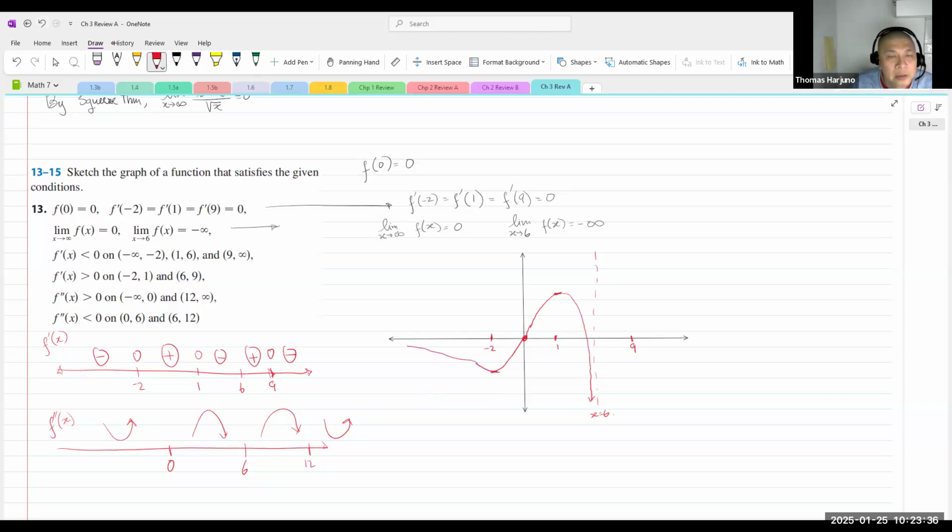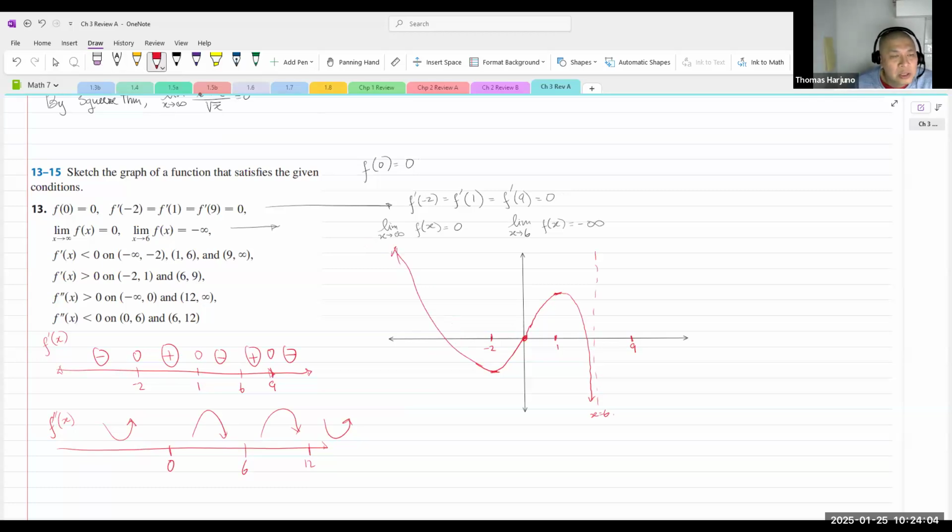Maybe like this. They don't tell us the. Like this. No, it's concave up. It says concave up. My bad. Concave up. So like this, concave up.